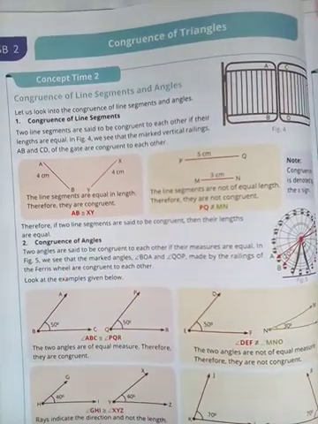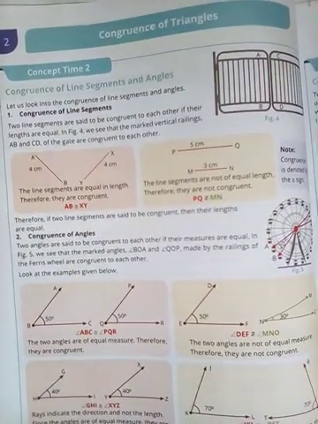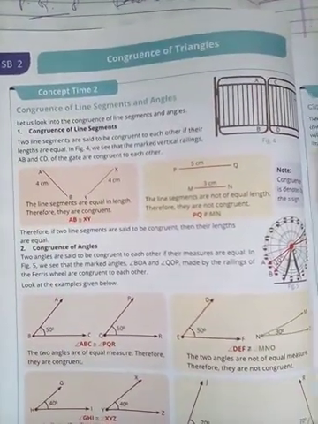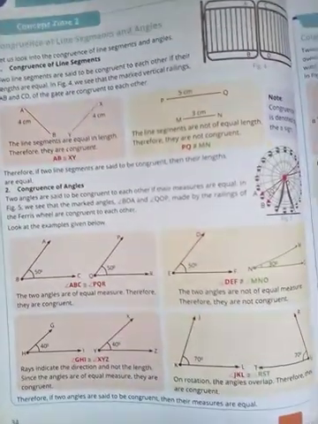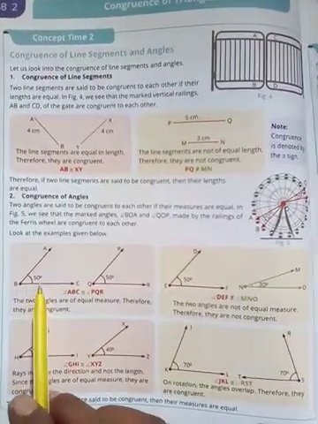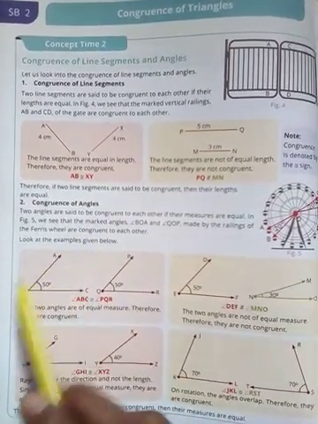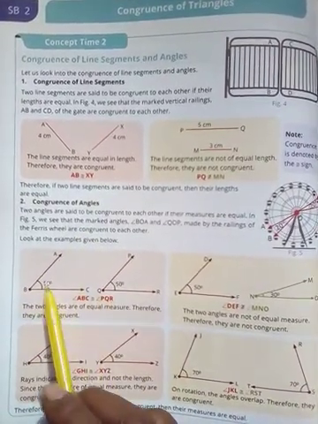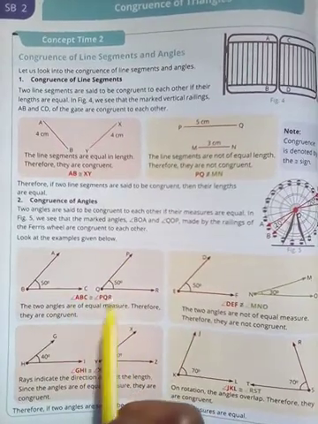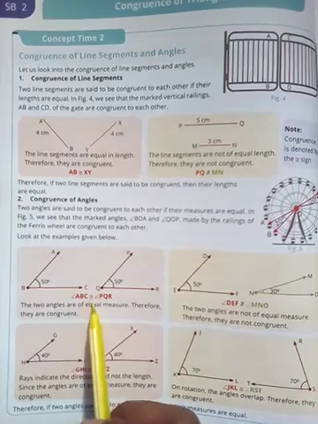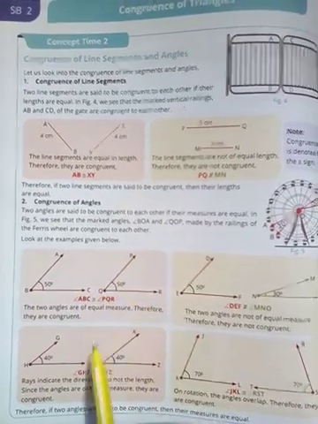Two angles are said to be congruent to each other if their measures are equal. It means two angles are congruent if their angles are equal. If the first angle ABC is 50 degrees and PQR is also 50 degrees, then we can say angle ABC is congruent to angle PQR.